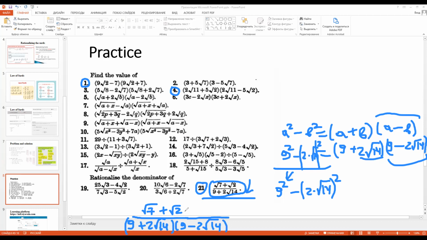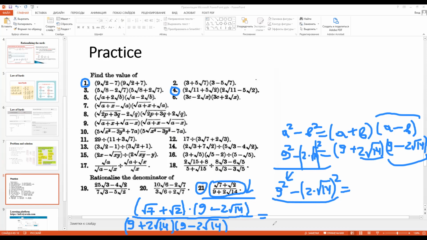And you have to multiply this expression to the numerator as well: 9 minus 2 root 14. Okay. And as you simplify this, this is a final result of these two expressions.